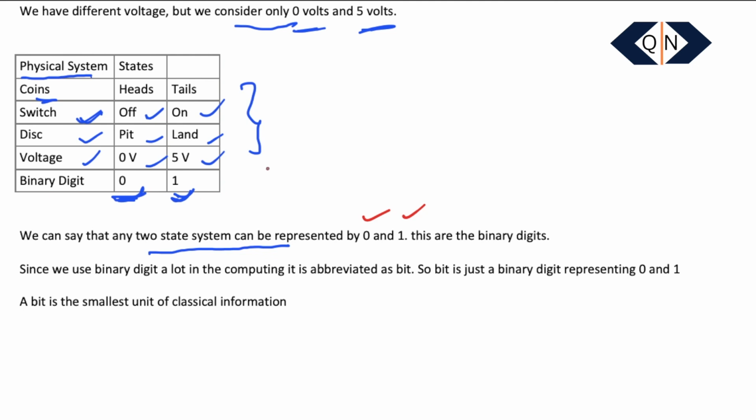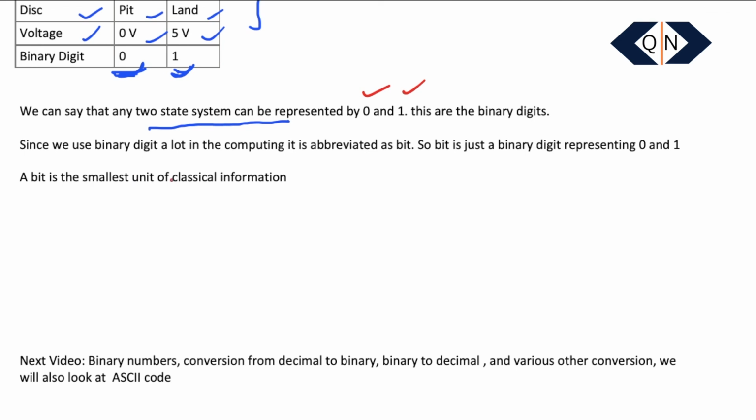Okay, so since we use binary digits a lot in computing, it is sometimes called a bit. So a bit is just a binary digit representing 0 and 1. Now see this statement. A bit is the smallest unit of classical information. Means every information is stored in the form of 0 and 1.